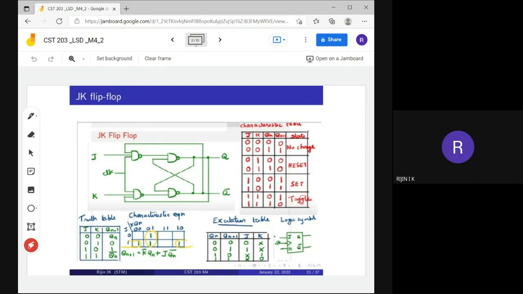That means if the current state is 1, then it goes to 0. And if the current state is 0, it goes to 1.